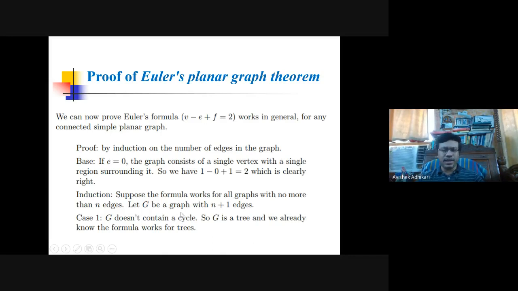G is a connected graph with no cycle. In our last class, we have already seen that this has to be a tree. The definition of a tree is a connected graph without any cycle. So case one is G does not have any cycle, and then it must be a tree.